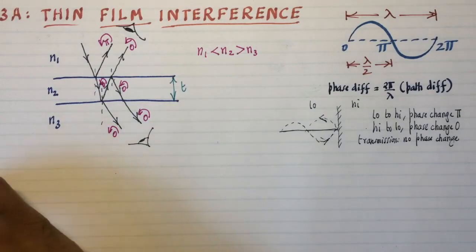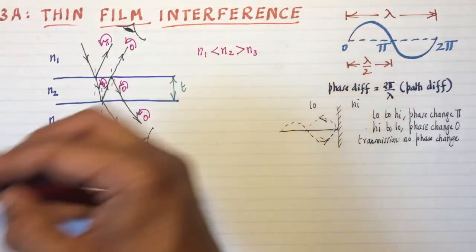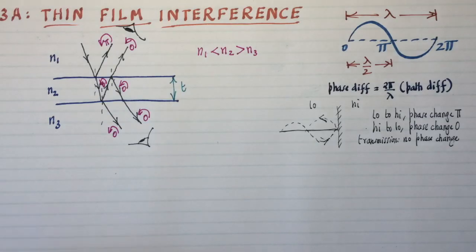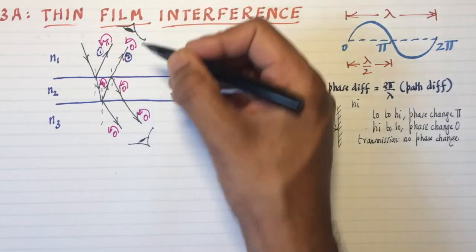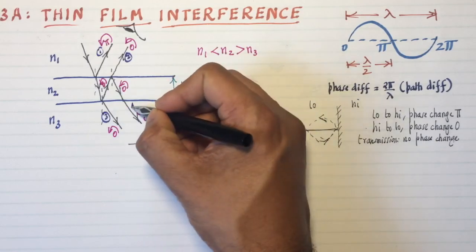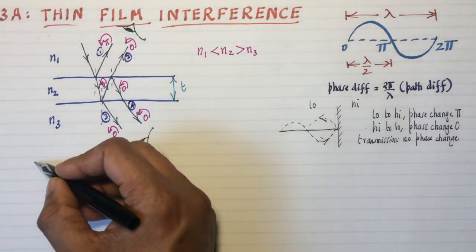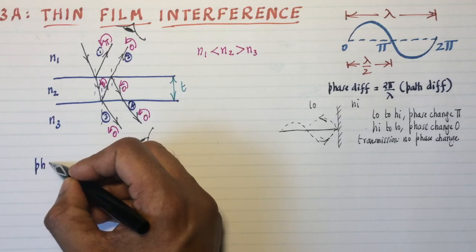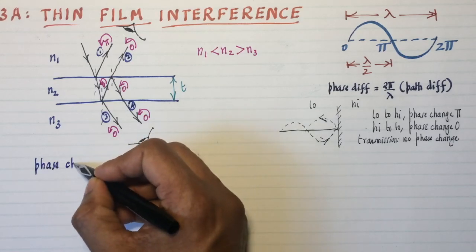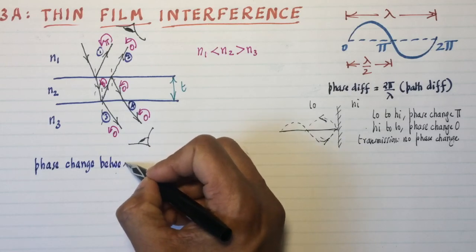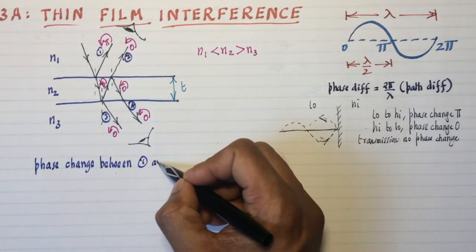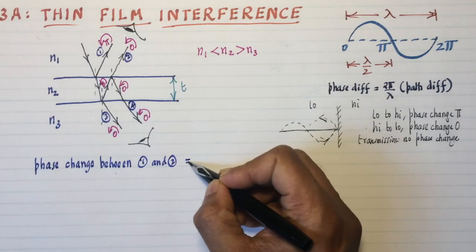Now the phase difference between two rays is what determines whether you have constructive or destructive interference. Let's label this ray 1, this 2, this 3, and this 4. So the phase change between 1 and 2 is equal to pi.